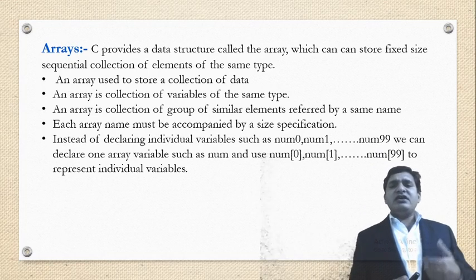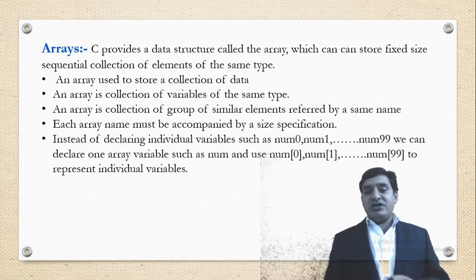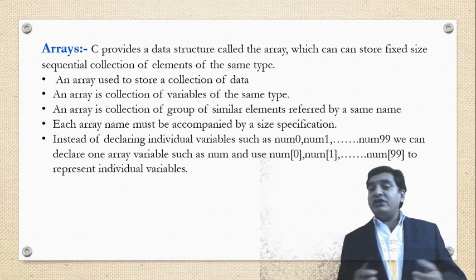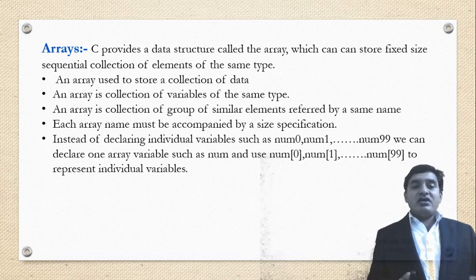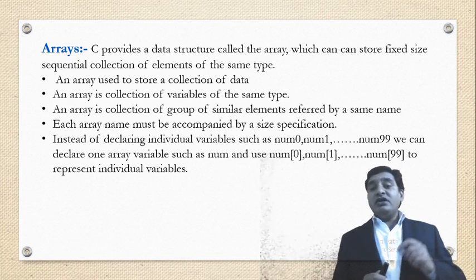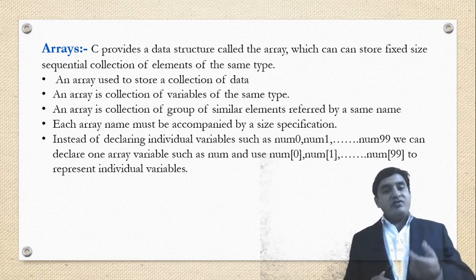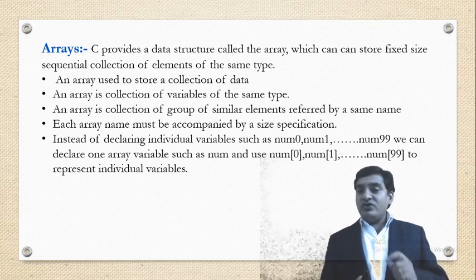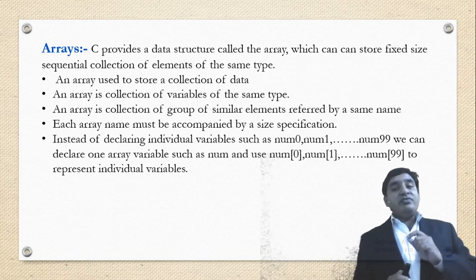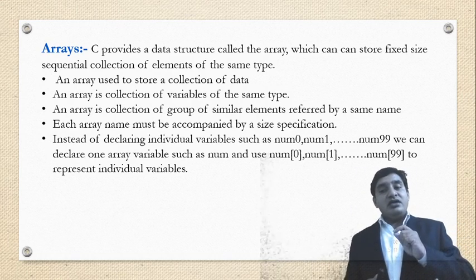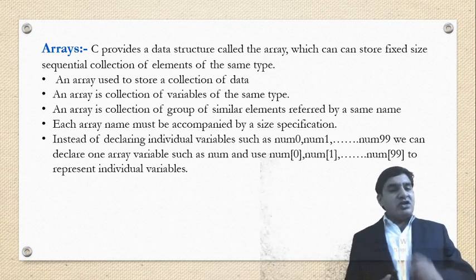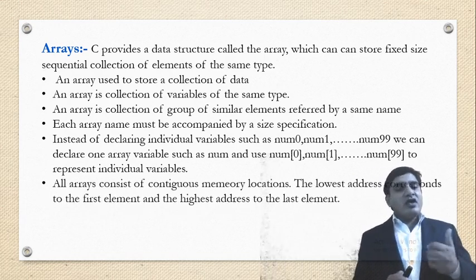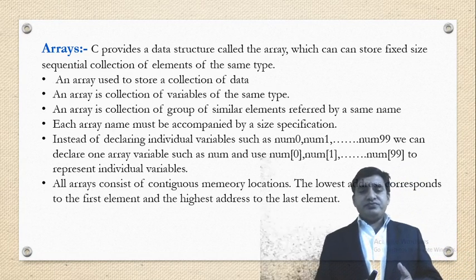Instead of declaring individual variables such as num0, num1 up to num99, we can declare one array variable such as num, where num is the variable, and use num0, num1 up to num99 to represent individual variables.